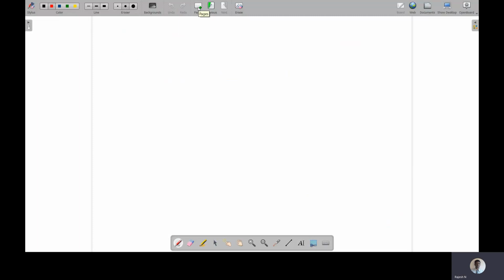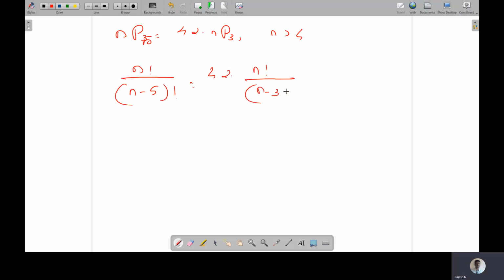Now, next: find n such that nP5 is equal to 42 into nP3, n greater than 4. What is nP5? By formula it is n factorial by (n minus 5) factorial, equal to 42 into n factorial by (n minus 3) factorial.